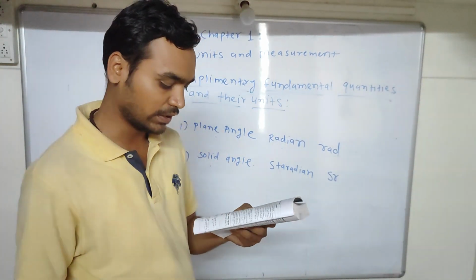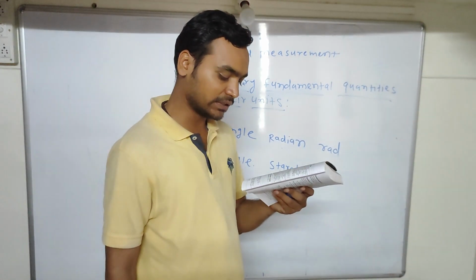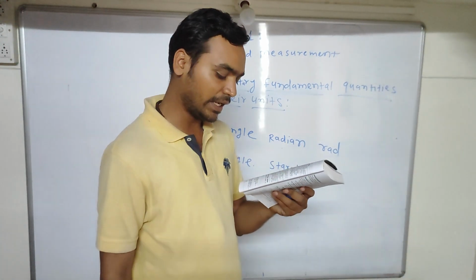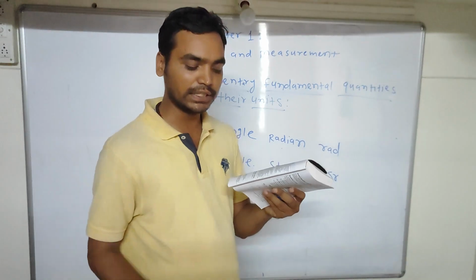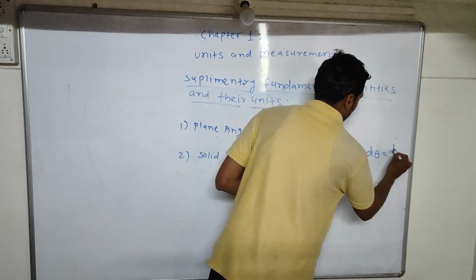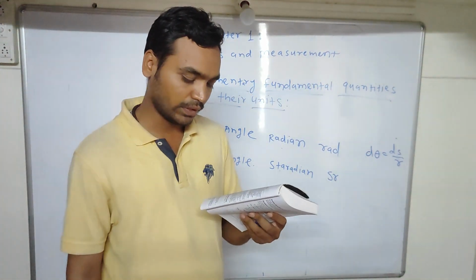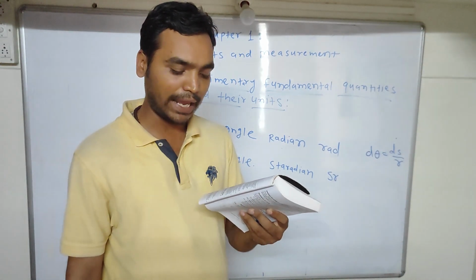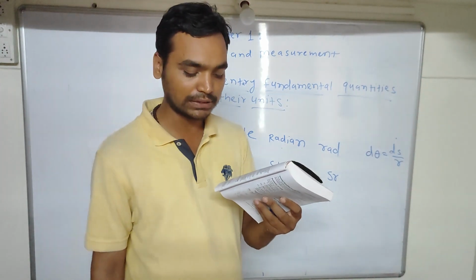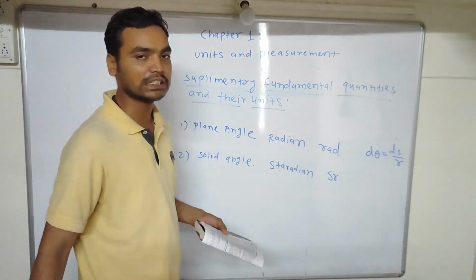Listen. 1 radian is the angle subtended at the center of the circle by an arc equal in length to the radius of the circle, that is d theta is equal to ds by r.